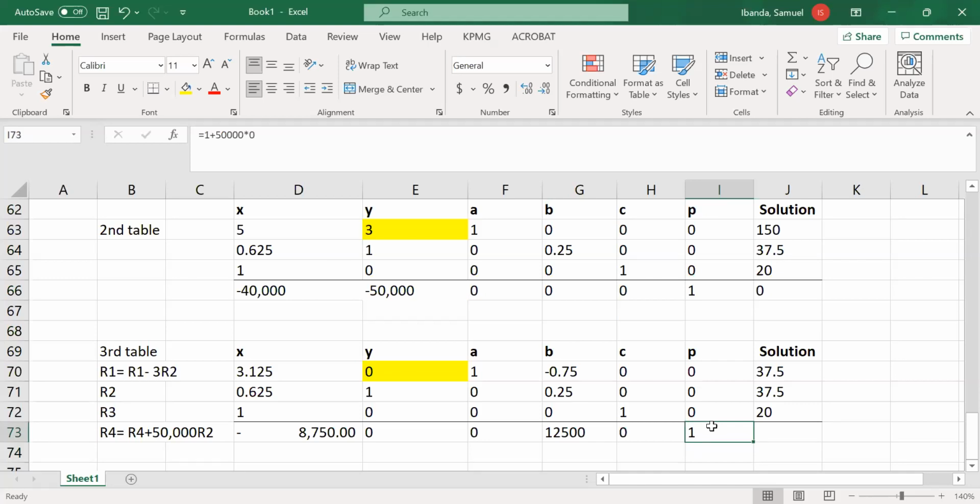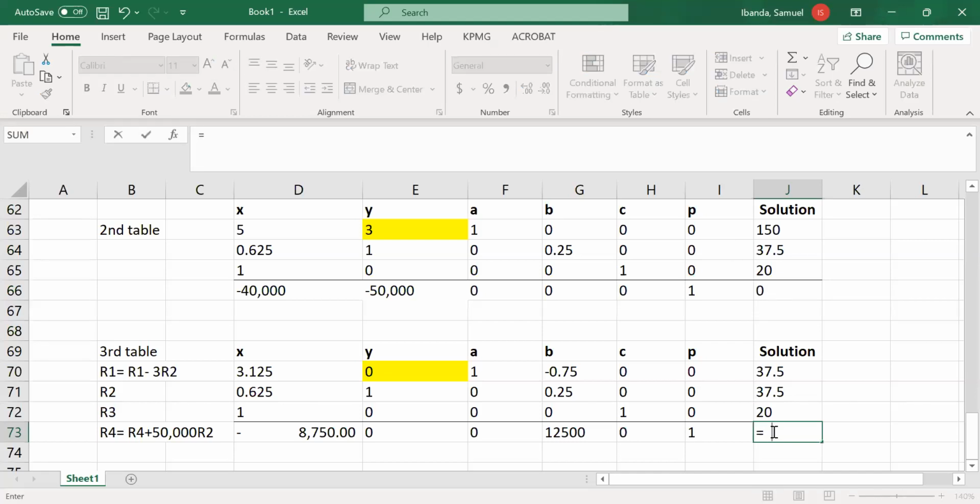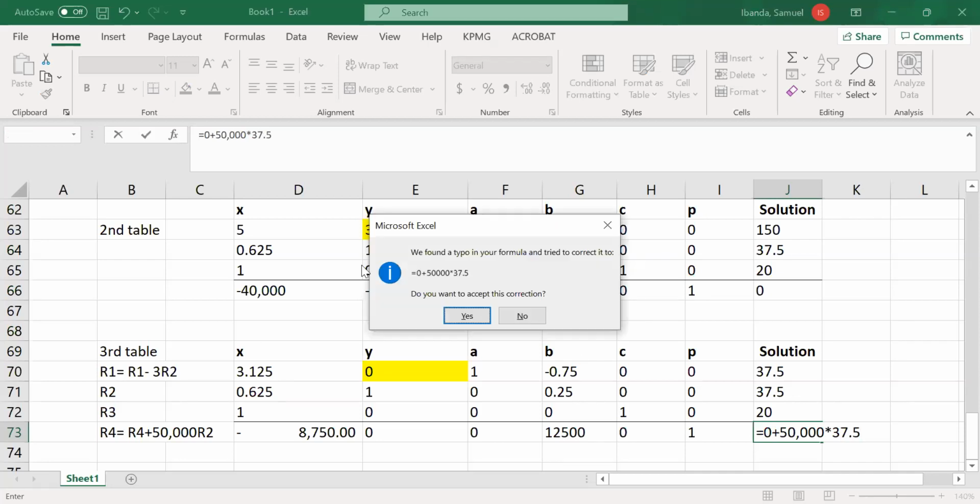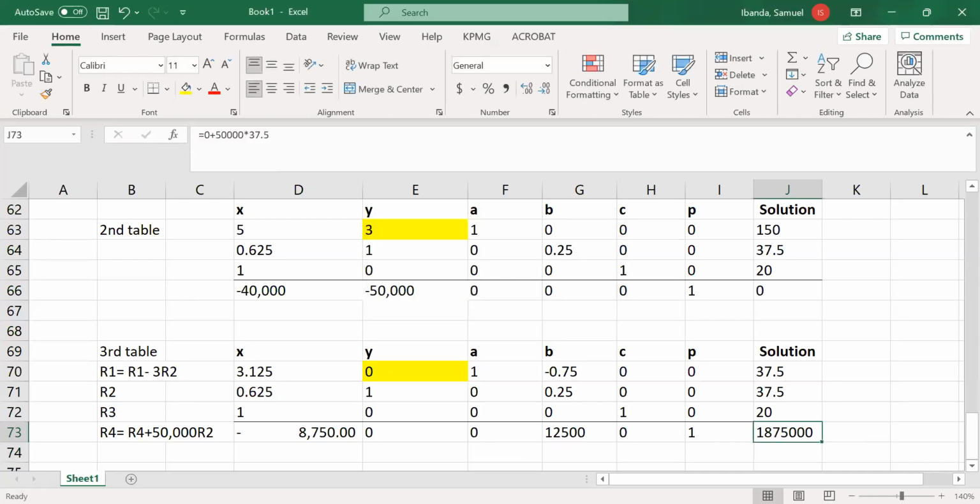And then we have 0 here, plus 50,000 times 37.5. So it gives us 187 that. So that is what we have.